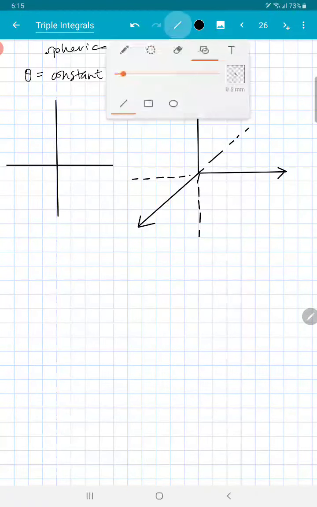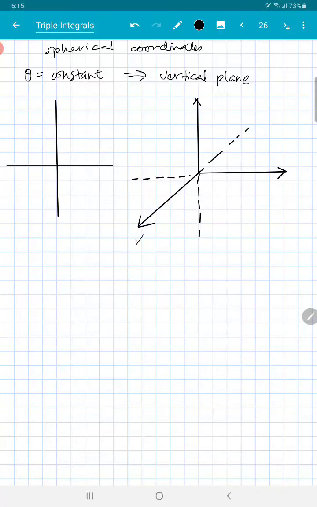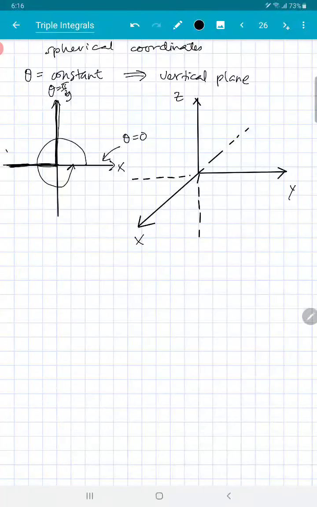For theta equals a constant, if you remember from polar, you measure theta from the positive x-axis, anti-clockwise direction. So for the positive x-axis, theta is 0, and here this is theta equals pi over 2, and on the negative x-axis theta is pi, and here theta is 3 pi over 2.